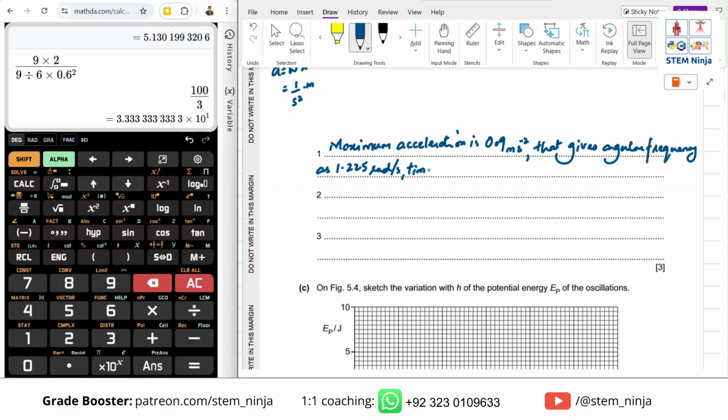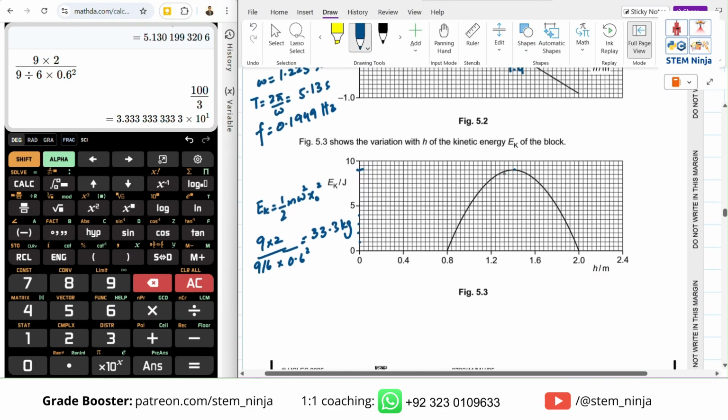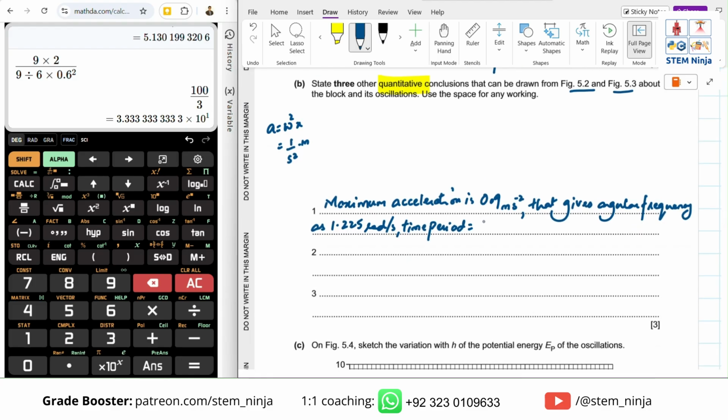Time period equals 5.13 seconds. Any one of them you can actually use.